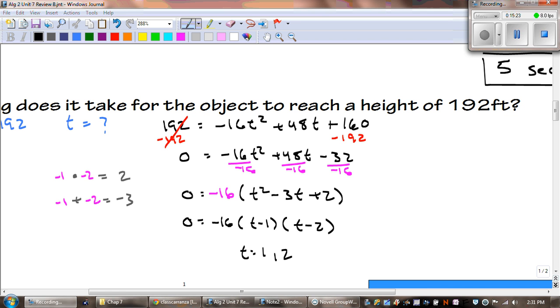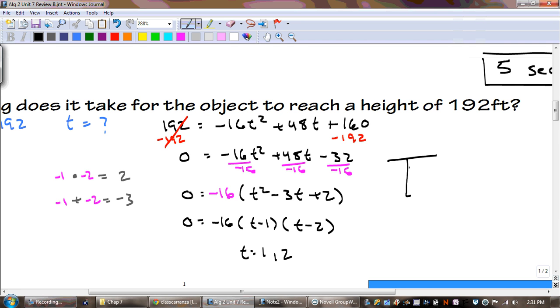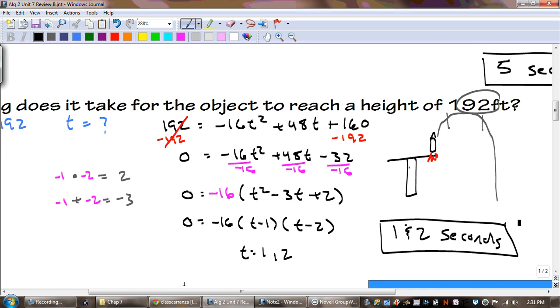And since both of those are positive, yeah, we can have 2 positive answers, because we're talking about when a rocket, I'm going to draw really badly, but here's my rocket, and if it's going to launch, there's going to be 2 times that I hit 192 feet, on the way up and on the way down. Okay? So our answer is 1 and 2 seconds.